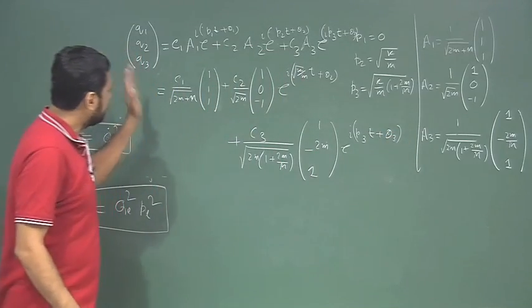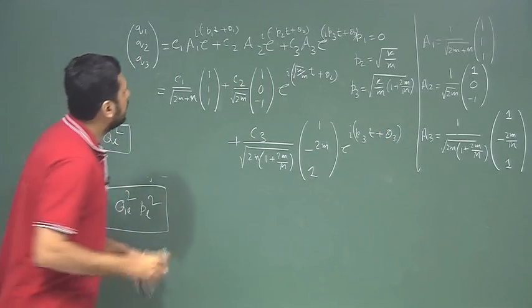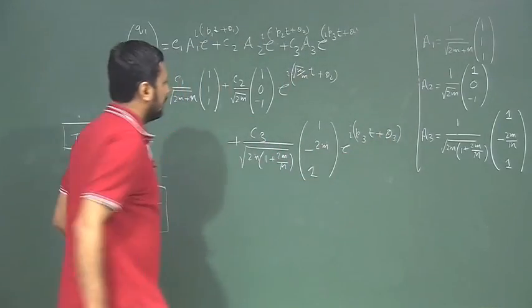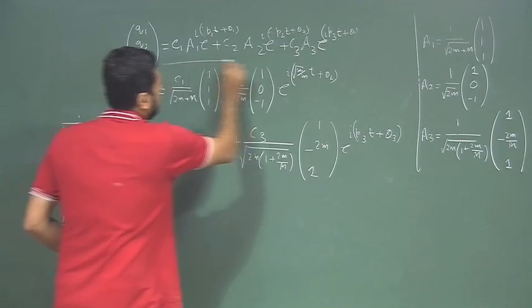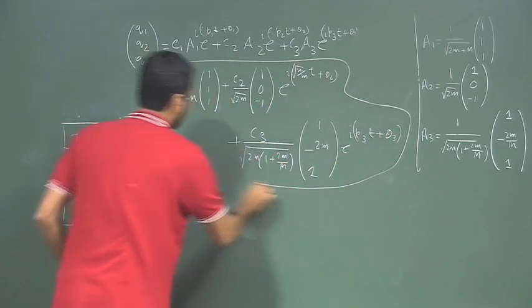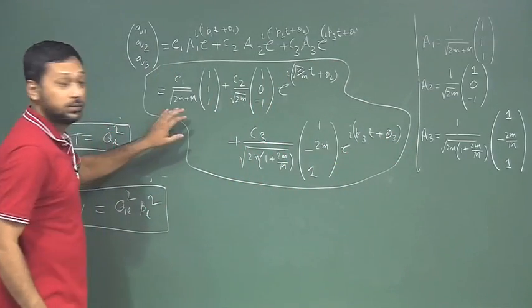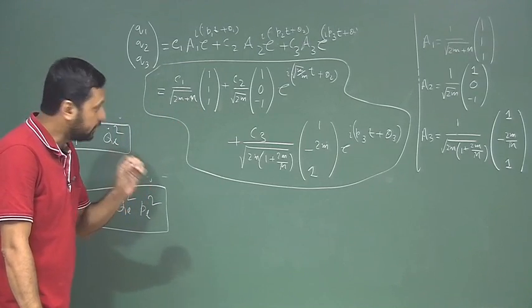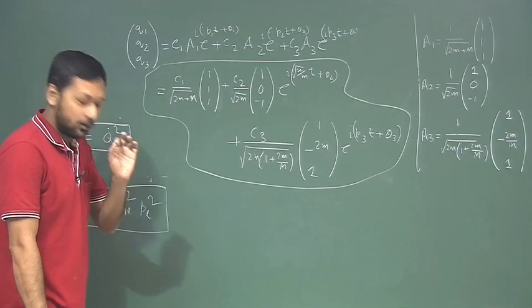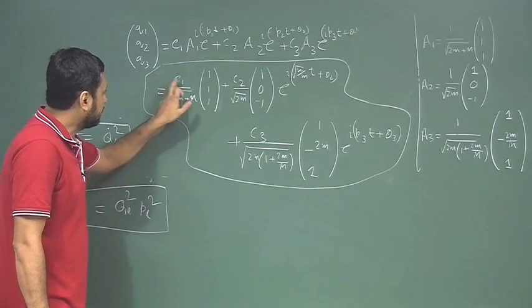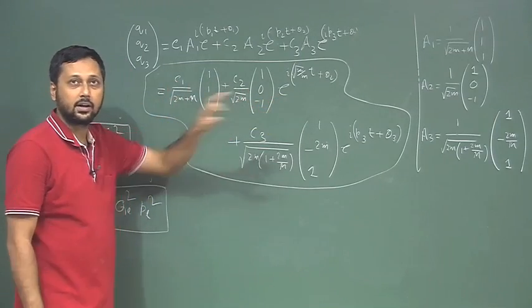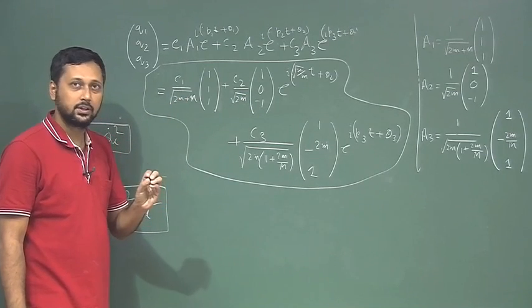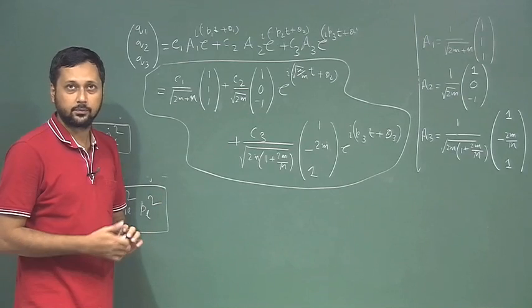So, that is the most general solution for a linear triatomic molecule. Any motion, if we are given boundary or initial conditions in terms of the C's and thetas, we can find out the instantaneous position of any of these coordinates.